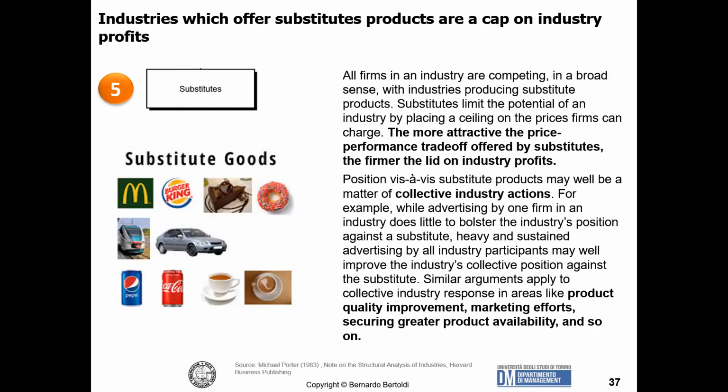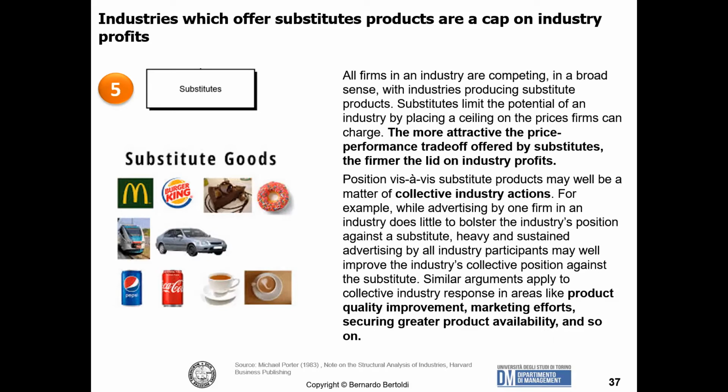Substitutes are products that are made outside the industry by someone who does not have any interest in entering our industry, but is putting an option to our final customer. Therefore, it is creating a different option for the same customer.